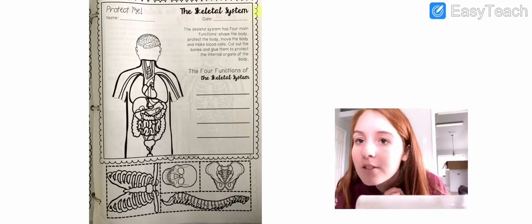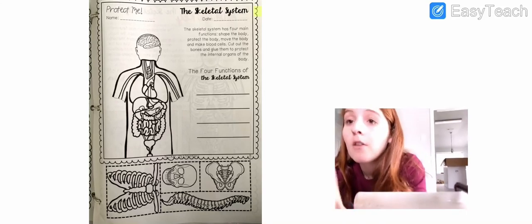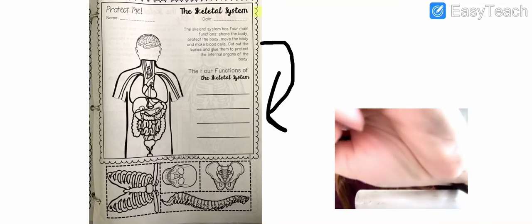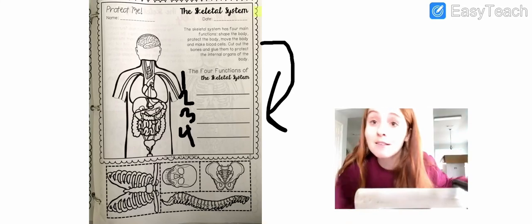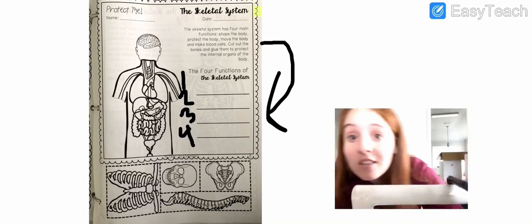Okay? So what I want you to do, there's 2 things. First thing, you need to write the 4 functions. If you look, there's 1, 2, 3, 4 lines. You're going to write the 4 functions of the skeletal system. They've actually all been listed. I'm going to highlight it right here for you so you don't get confused. This worksheet is so nice.